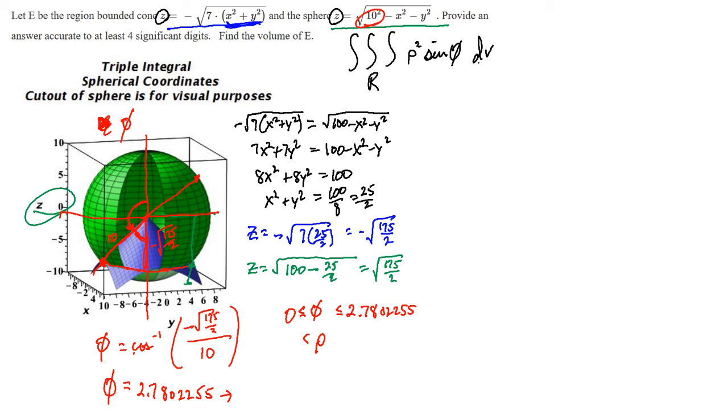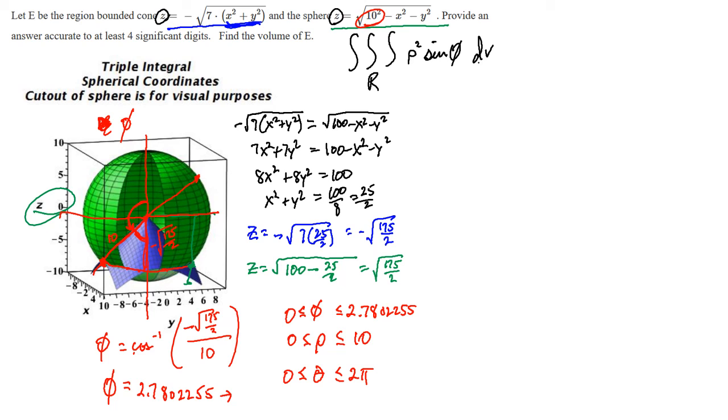So rho is going to be going from 0 to 10. And we're not given any information. Again, that's what they're telling you. That cutout is actually a solid sphere. And so our thetas are going all the way around from 0 to 2 pi.